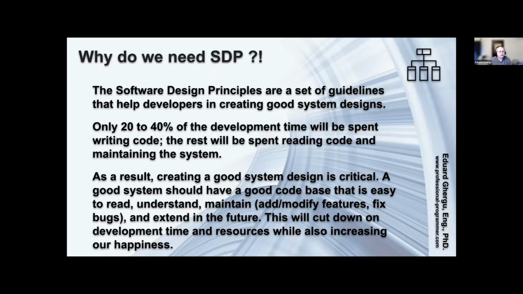Code that we got as part of a project that was already written by others, and in some cases our own code that we developed a couple of months ago, and a new change or a new requirement gets us back to what we previously created. So it's good to have the code in good shape, easy to maintain, easy to understand, easy to read, and of course to extend.